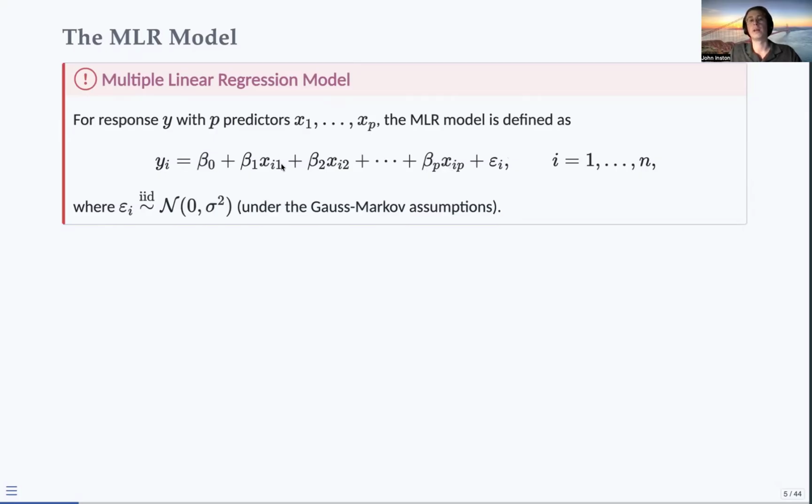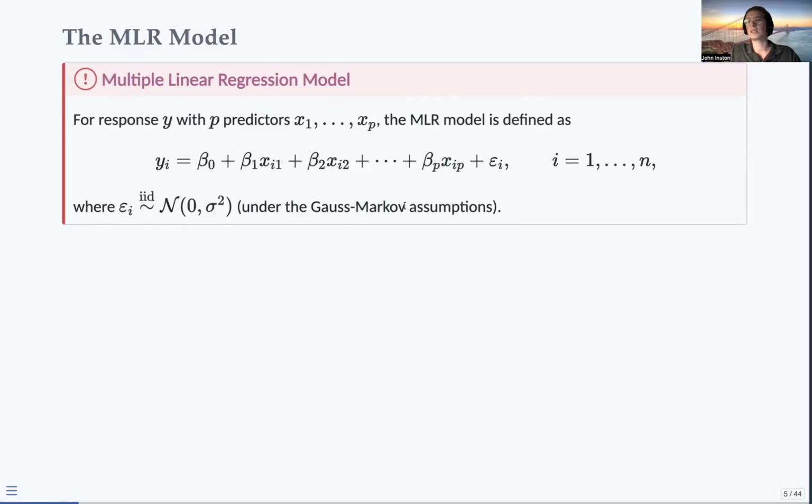So Y, X, and epsilon denote the observation, i.e., the individual it corresponds to, for which we have n of them. We write the response Y as this linear combination of the predictors, and under the Gauss-Markov assumptions, which we'll talk about on the next slide, we're assuming that the error terms, these noise terms, the epsilons, are all IID normal with some variance, sigma squared.